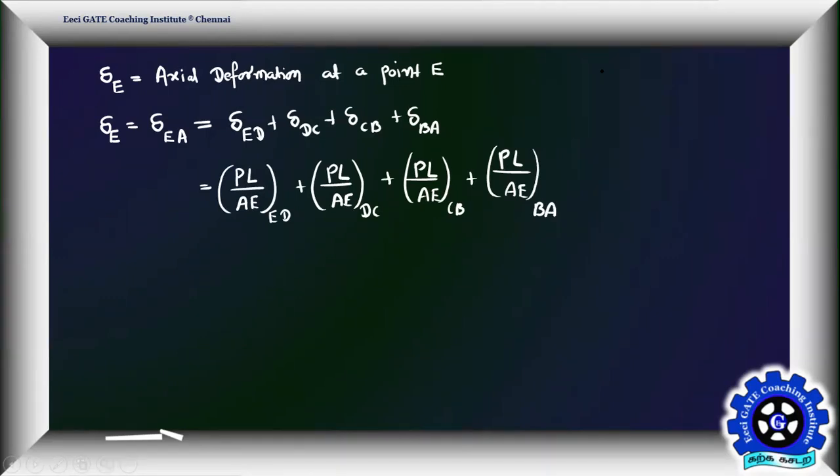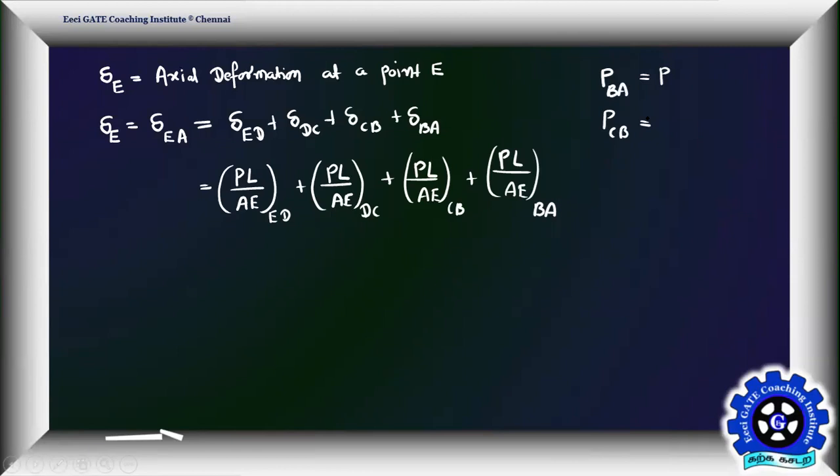What is the load in the portion BA? P, na? Correct. Load in the portion CB, tell me. Three P, sir, as written.